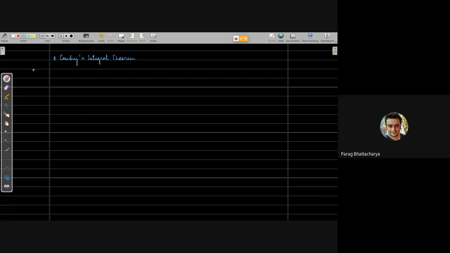Okay, as per Cauchy's integral theorem, what we have is this. Suppose I have some domain, let's say this is some domain D, and let's say this domain D is just filled up.